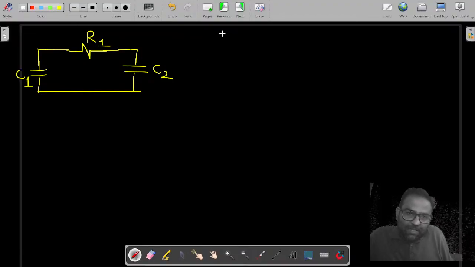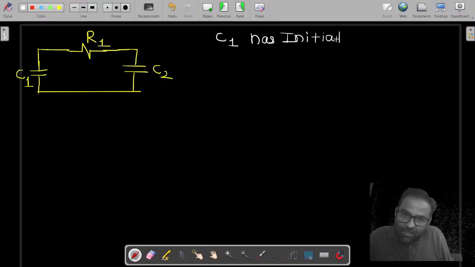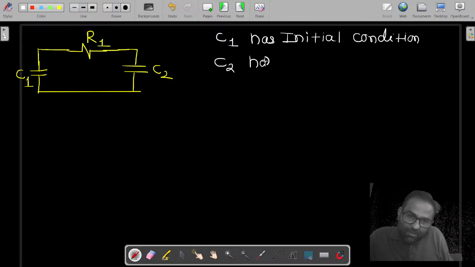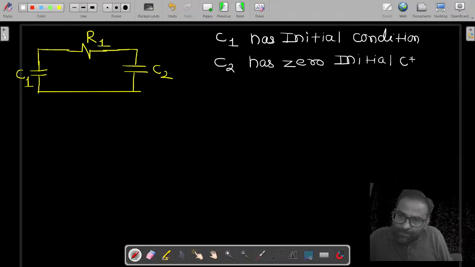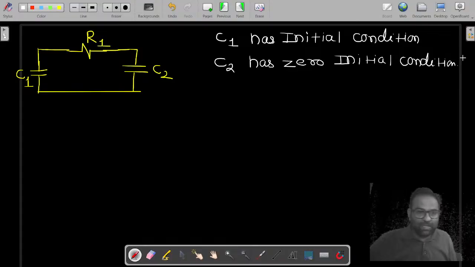So can I say C1 has an initial condition, while C2 has zero initial condition. C2 has zero initial condition.